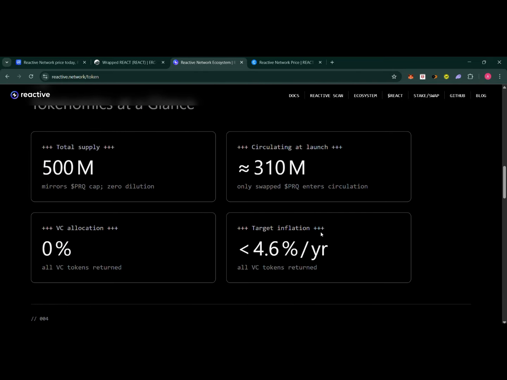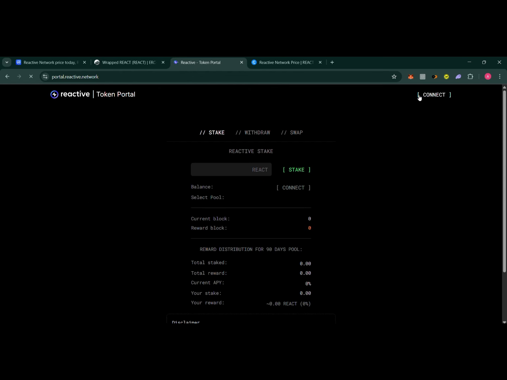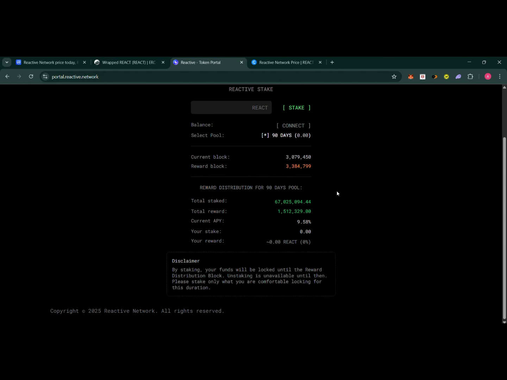Usually they have some sort of vesting, but in our case, we don't have to worry about all of that because there is no VC in Reactive Network. You have an option to stake Reactive Network tokens if you want to. It is available to stake from 30 to 90 days.